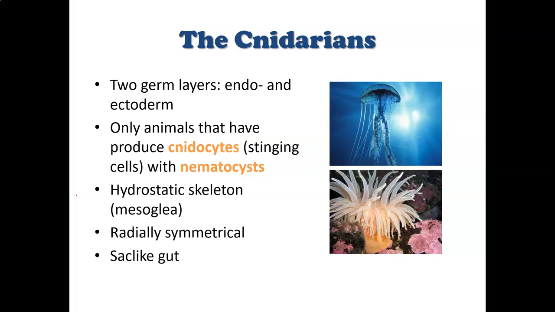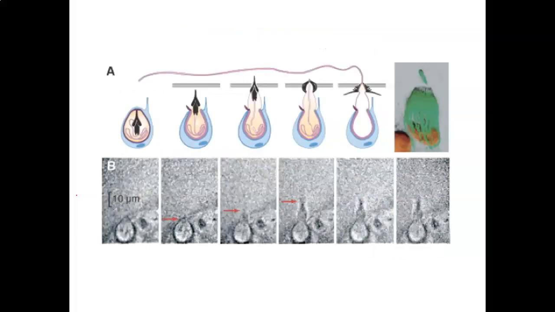And the little harpoons that shoot out are nematocysts. They are, as you can see, radially symmetrical. And they have a 2-way or incomplete gut. And they include things like jellyfish, anemones, corals.